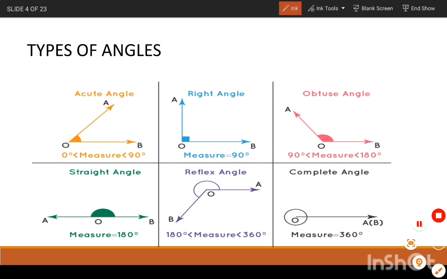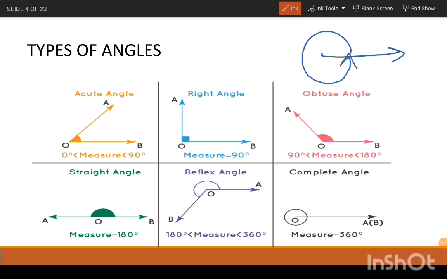The next is complete angle. What is a complete angle? A complete angle is an angle that measures 360 degrees and represents a full rotation or turn. That means if there is a first ray, the other ray is moving 360 degrees, or we can say it is moving one complete rotation to meet the first ray again.